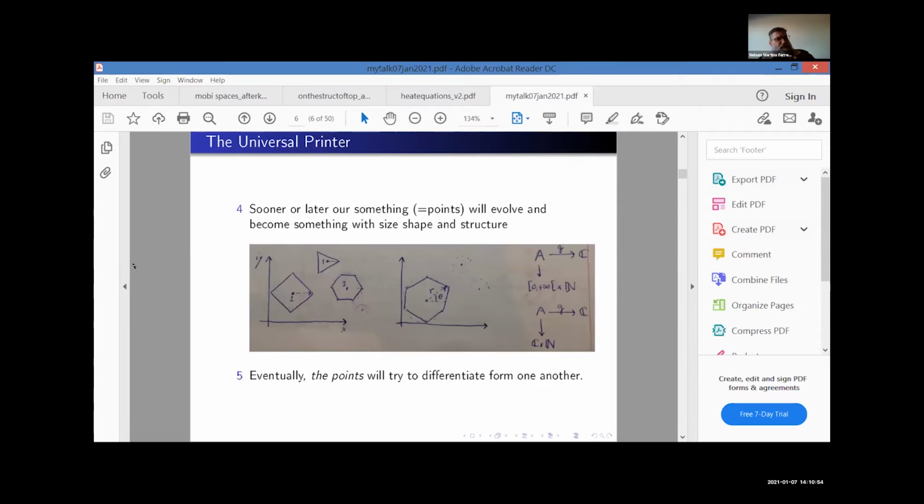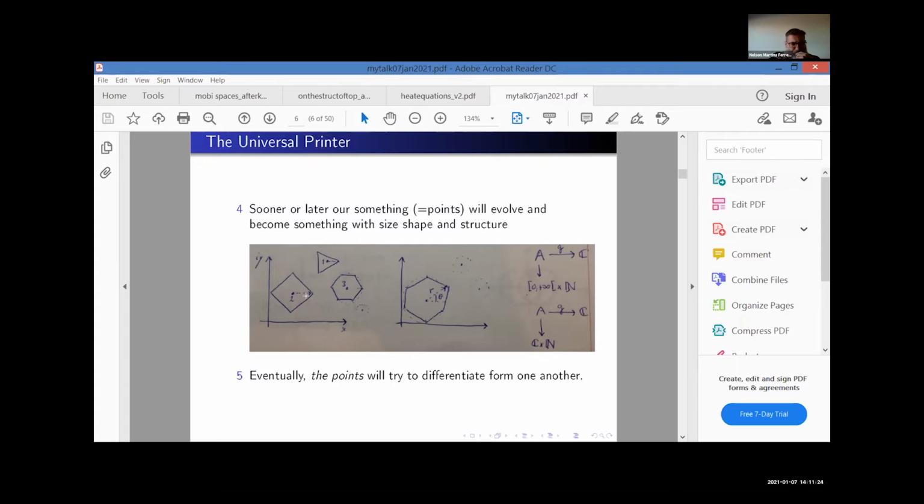Well, sooner or later, the points perhaps will try to differentiate from each other. Or even before that, instead of just one parameter as radius, instead of circles we can have squares, triangles, etc. So we better add more parameters in our model.